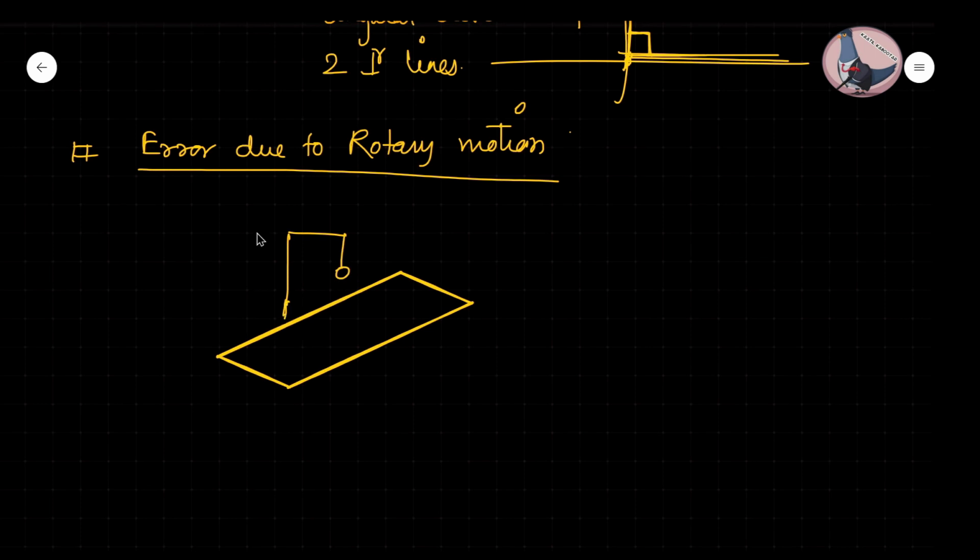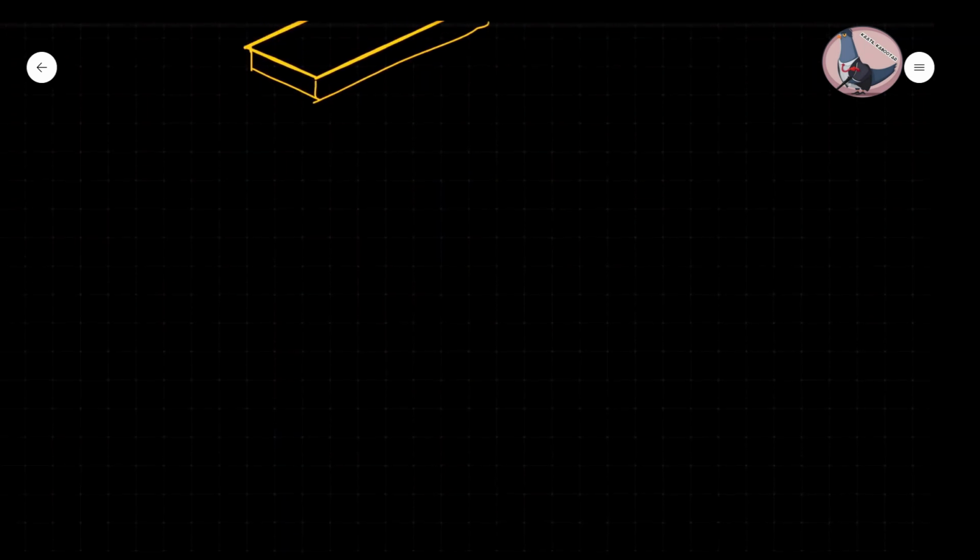I draw this CMM only because it is very easy for me to draw, but it is true for all other CMMs also. Please take note of it. This head was moving on this channel, so when this post moves along this, there can be different types of error, and those errors I will show you by diagram. Please wait.